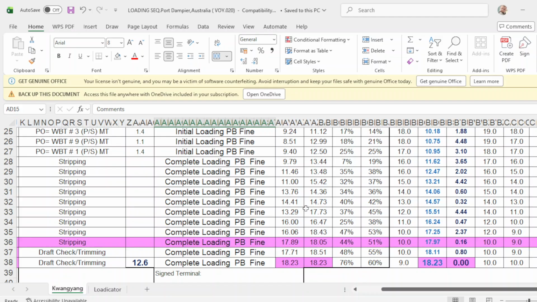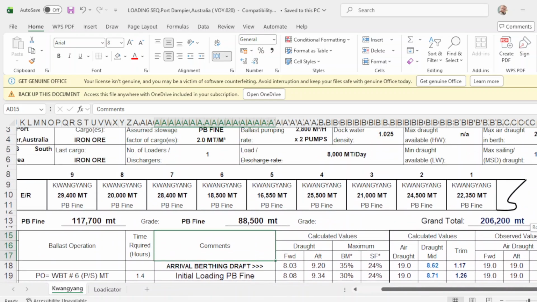But I cannot show you the deflection because there's something wrong with my loadicator. So the deflection here should be zero or 1%, more or less. But anyway, I will show you how to load the loadicator.